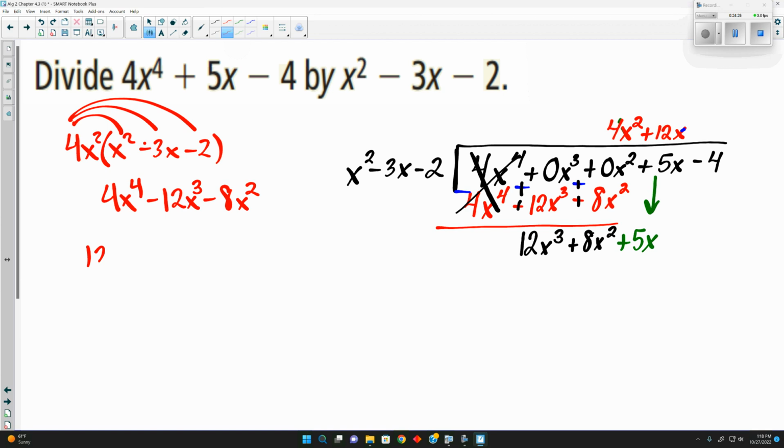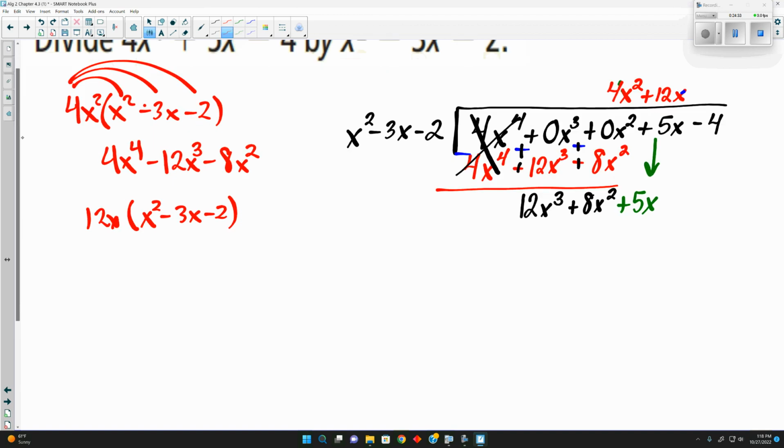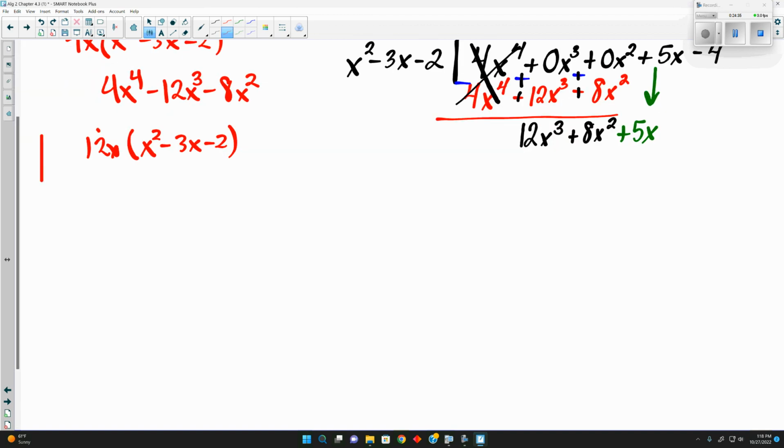So now we're going to multiply 12x by our x squared minus 3x minus 2. So now we can distribute the 12x.